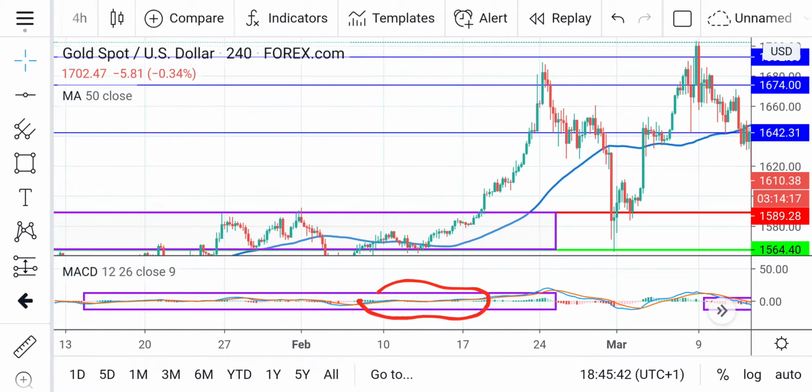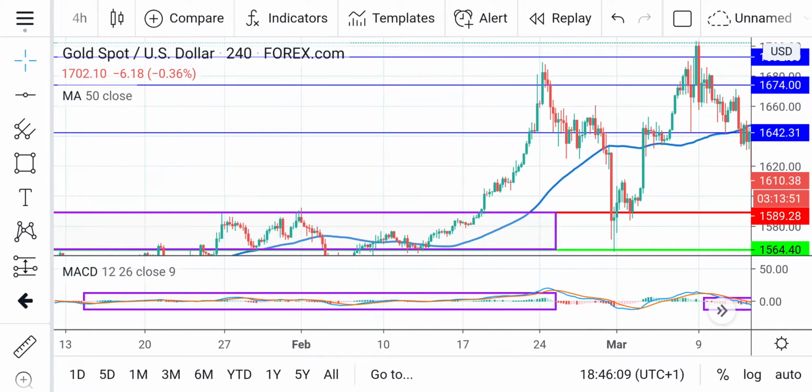You can barely see what the MACD is saying over here, and that's indicating this region of support and resistance. So what you want to do is you either trade the breakout or you trade the breakdown. In this case, the price broke out. So once the price broke out and closes above the top of the resistance, you go long on that trade.